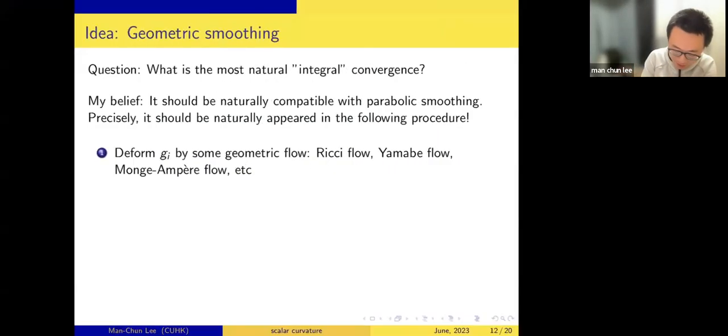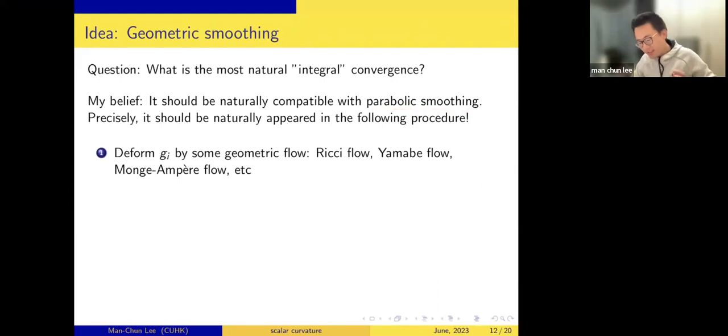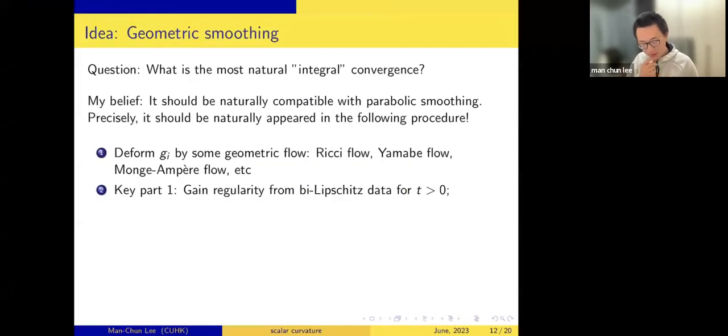But anyway, I believe that if the convergence is correct, then it must be reflected by some geometric regularization. So I tried a lot of things like Ricci flow, Yamabe flow, Man-Chun flow, etc. And the baby idea is this. Let me tell you, I'm quite obsessed with the bi-Lipschitz assumption, because I'm from complex geometry.